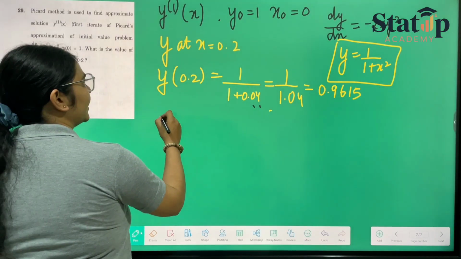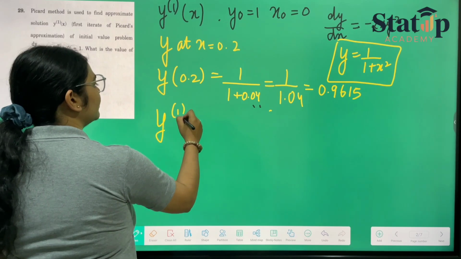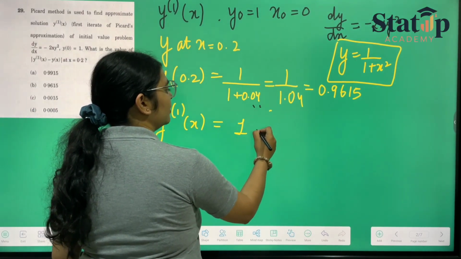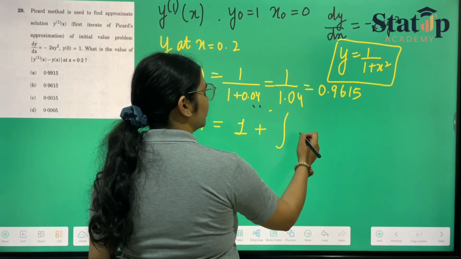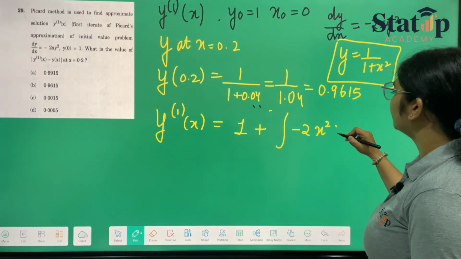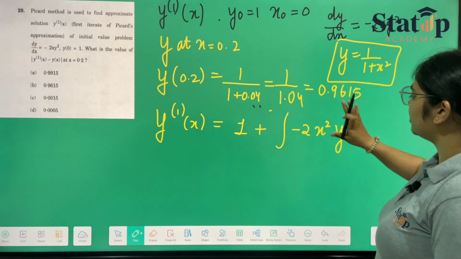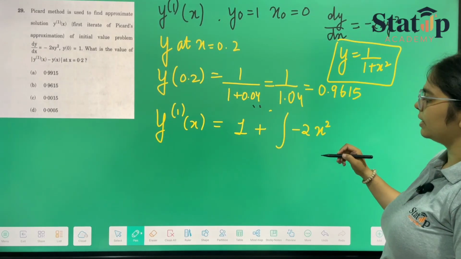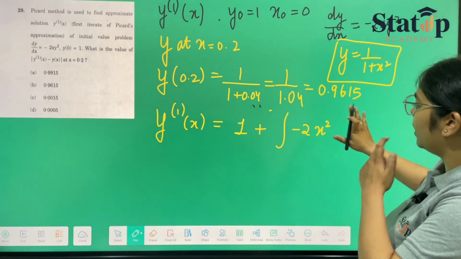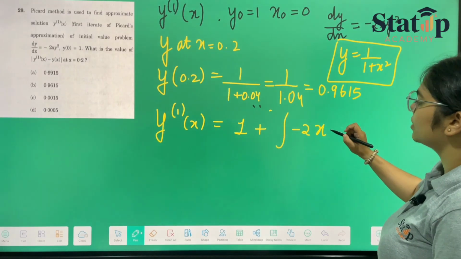So here we'll be taking y1(x). It will be equal to y naught, which is 1, plus the integration of minus 2x y square. Now the value of y naught is 1, so we'll consider it 1 only.